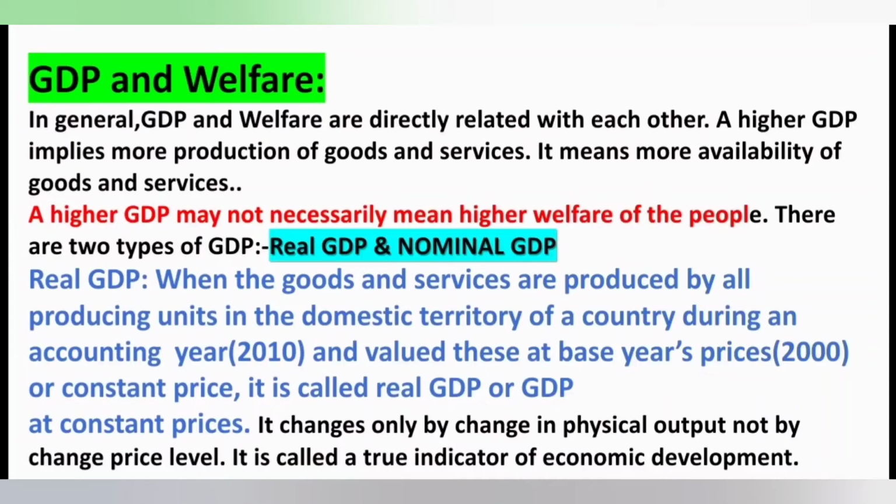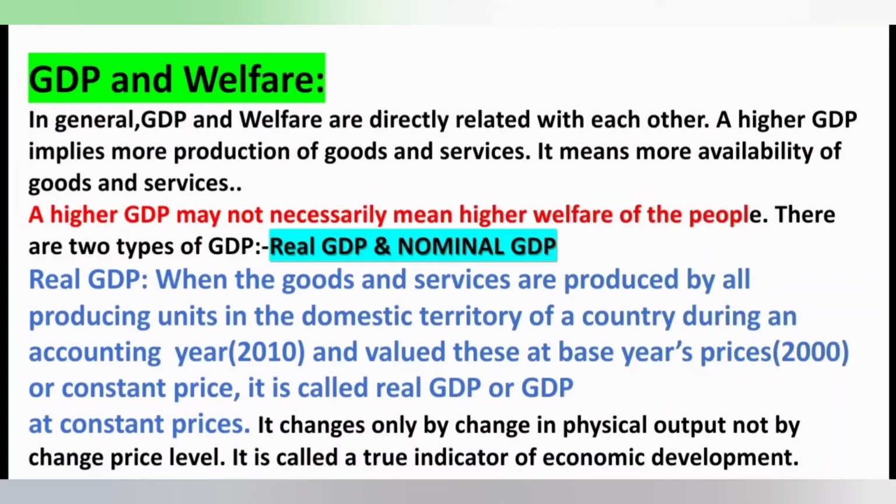That is, price of the base year into quantity of the current year. It changes only by change in physical output, not by change in the price level. It is a true indicator of economic development.